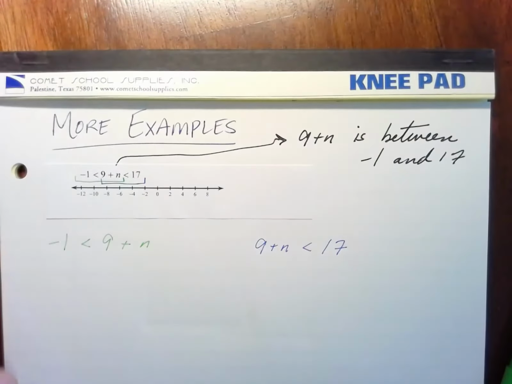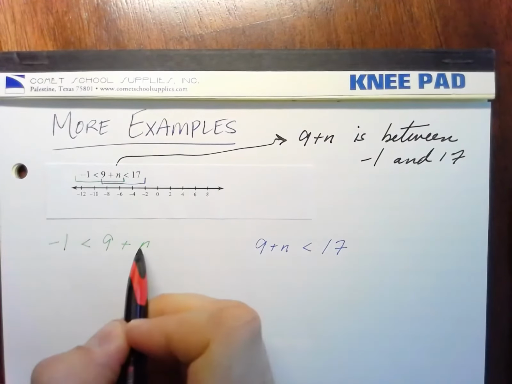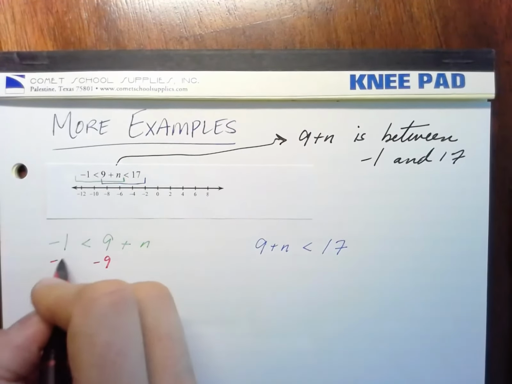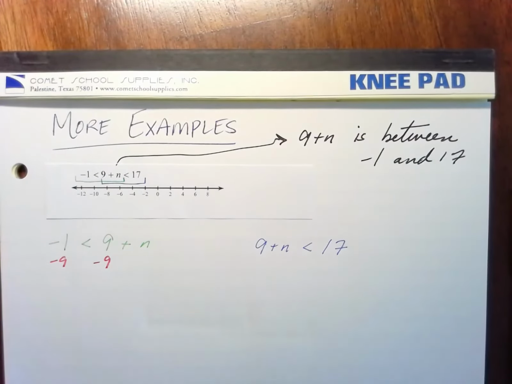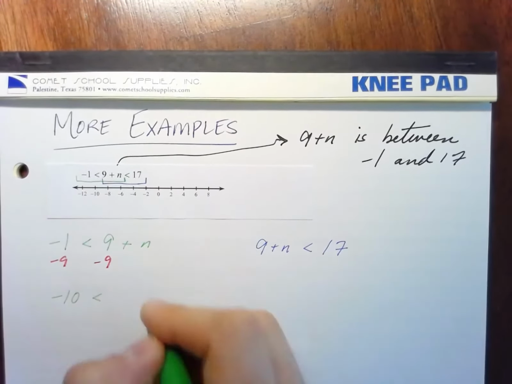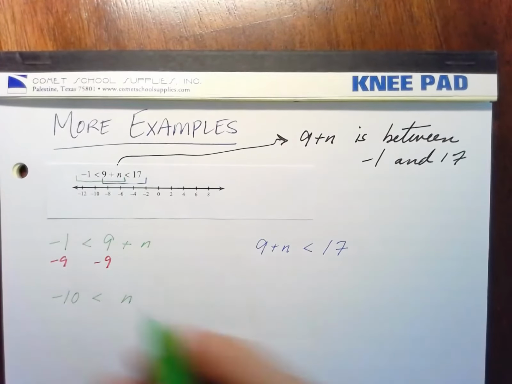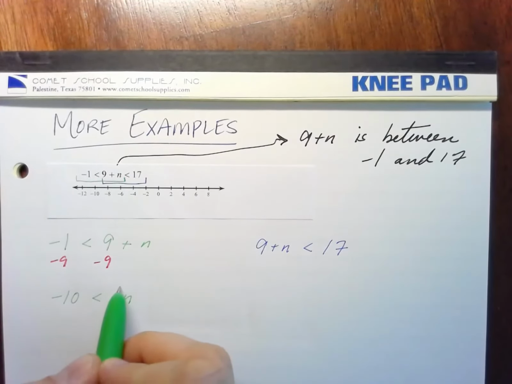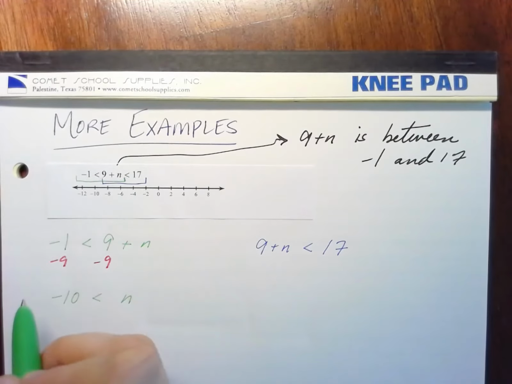Okay, and then I just solve these. I mean, these are just single inequalities now. So I want to solve for n, so of course I have to subtract 9 and subtract 9. When I balance this, I get -10 is less than n, which is the same thing as saying that n is greater than -10, right?